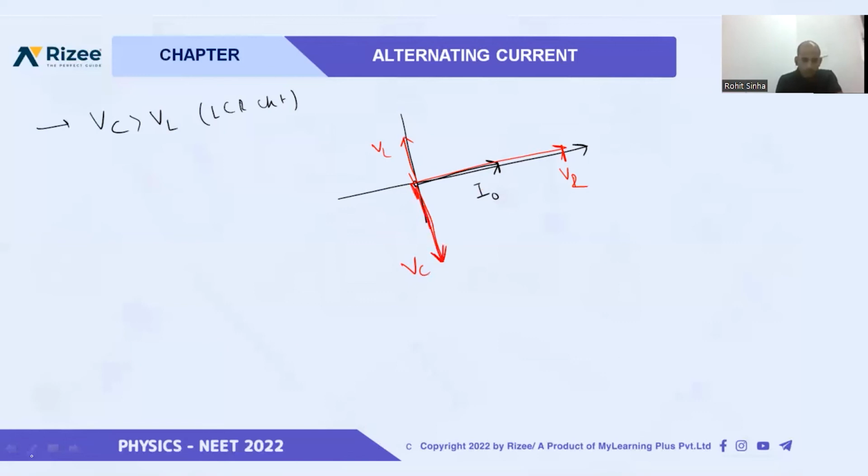What will happen? We know that net resultant voltage will come in the direction of VC only. So net voltage will come in this direction and this will be VC minus VL. And if you take the resultant of both of them, like this is the resultant.